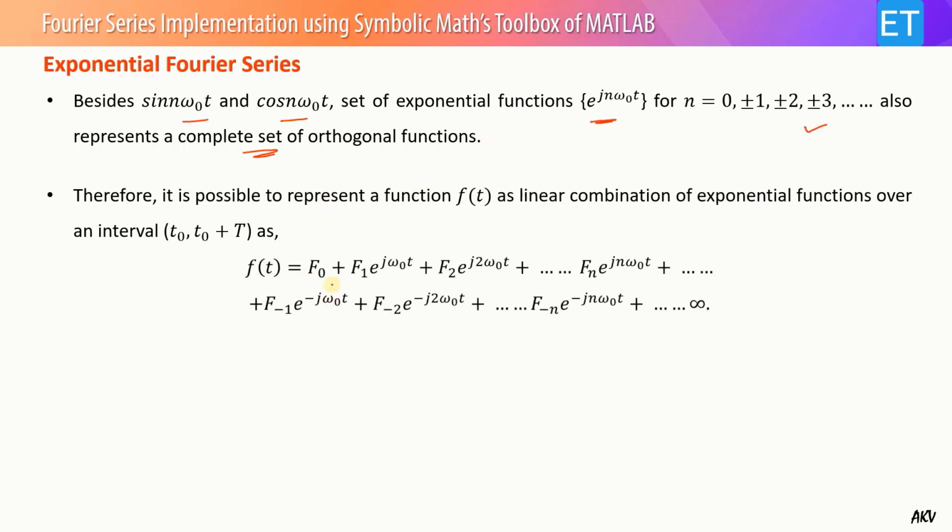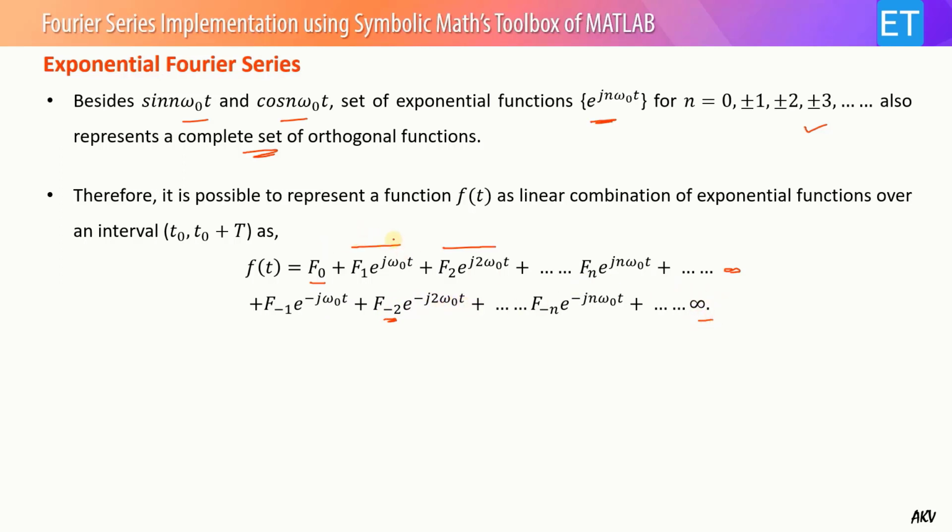So your f(t) is f0 plus f1 e power j omega naught t plus f2 e power j 2 omega naught t, like that till infinity, plus f minus 1 e power minus j omega naught t, f minus 2, that is a subscript, e power minus j 2 omega naught t, like that till infinity.